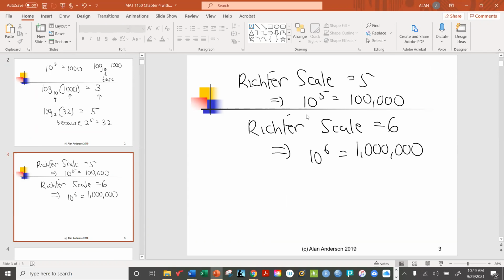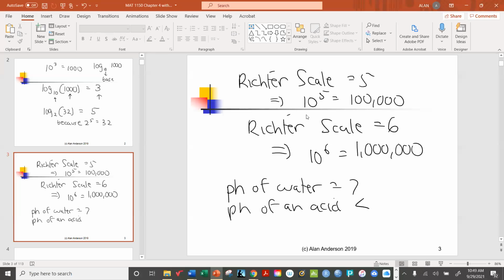You also might recall the pH value from high school biology or in chemistry. The pH of water is 7. The pH of an acid is less than 7. And the pH of a base is more than 7. But this pH number actually represents 10 to the minus 7.